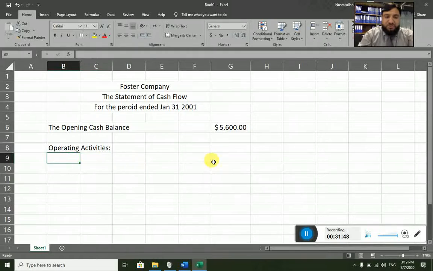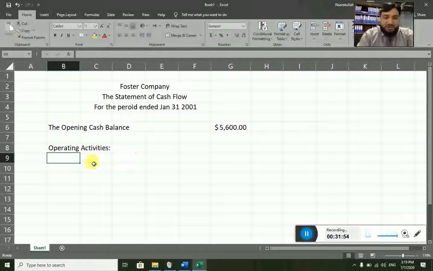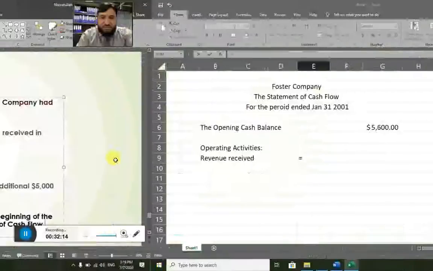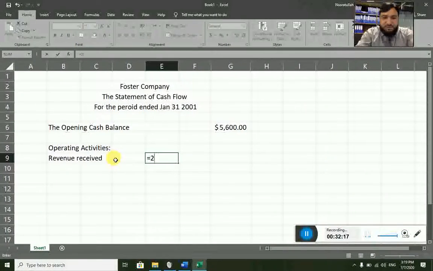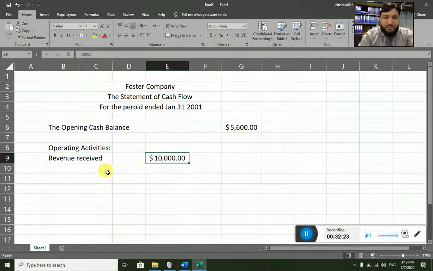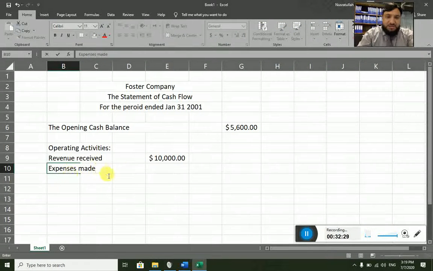Okay, so the first operating activity, let's see, what is this? Revenue and expenses, inflow and outflow. So revenue received, or we can say revenue earned. Okay, revenue received. What is revenue received? Revenue received is how much? $10,000, right? And then we have expenses made. How much expense is made?